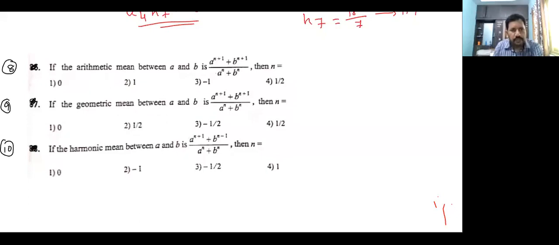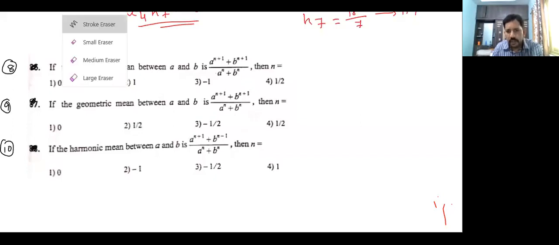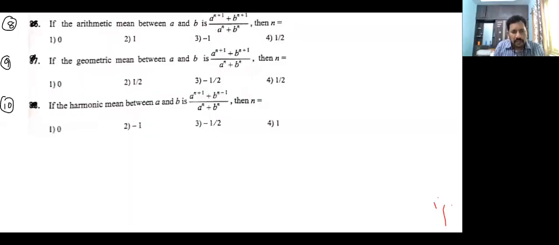What are they given? If arithmetic mean between A and B, by verification method we will identify the answers.